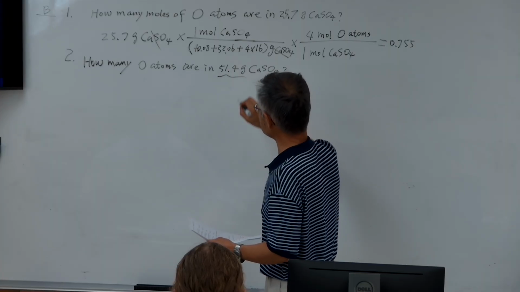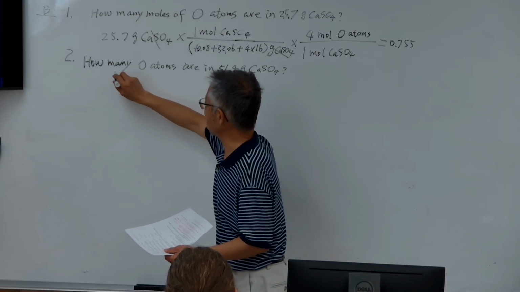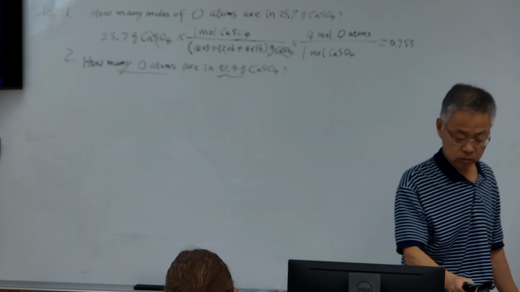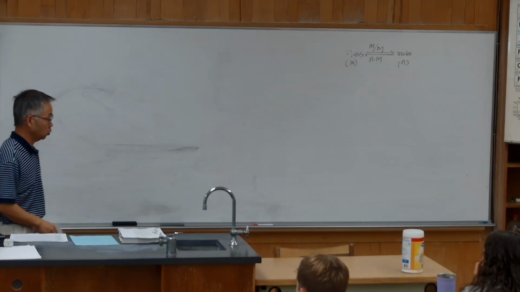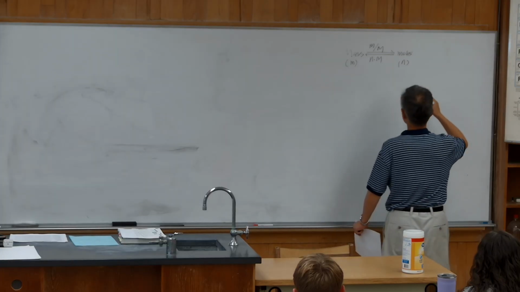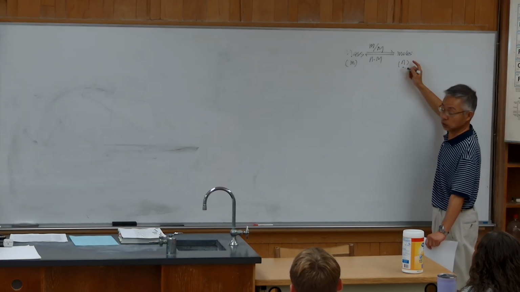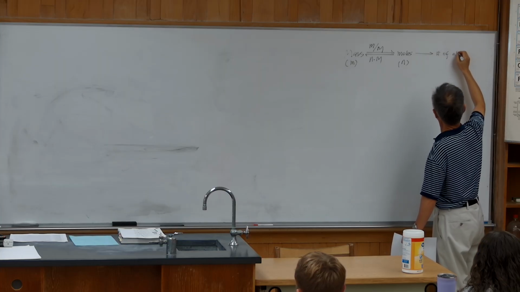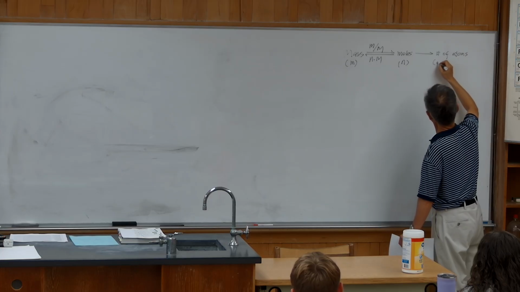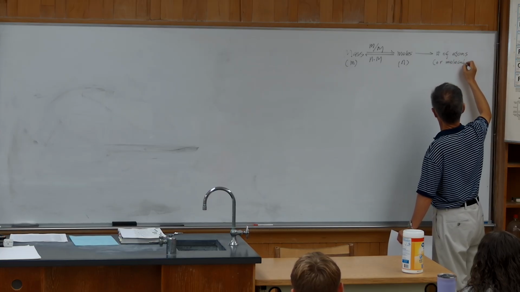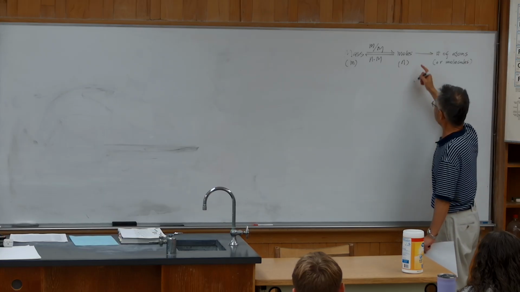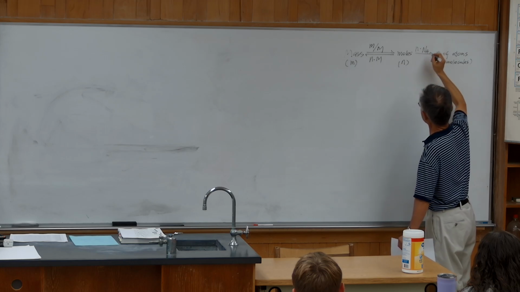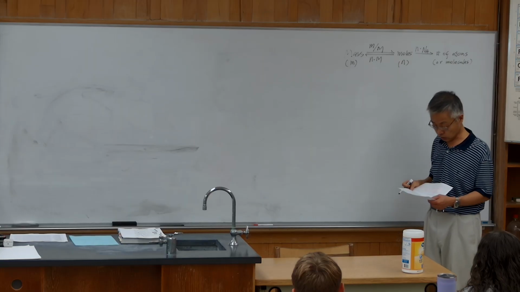It tells us the mass again, but this time it asks for the number of atoms. Then we need another step: from mass to mole first, then from mole to number of atoms or molecules, right? So mole multiplied by Avogadro number gives you the number of atoms or molecules.